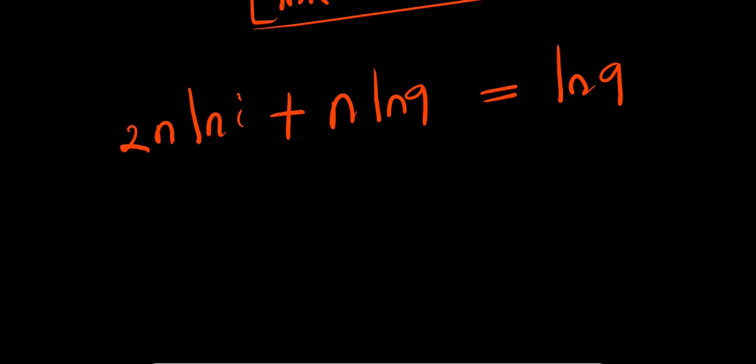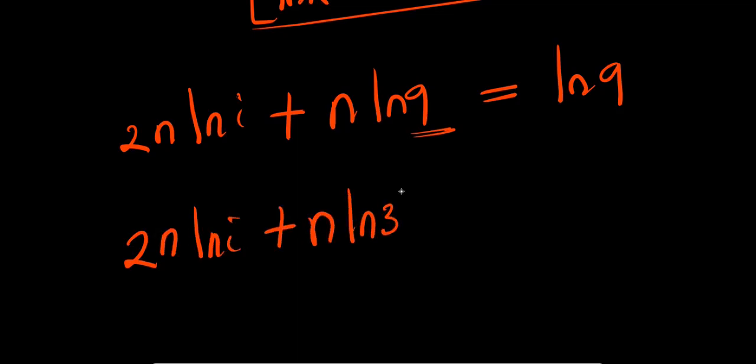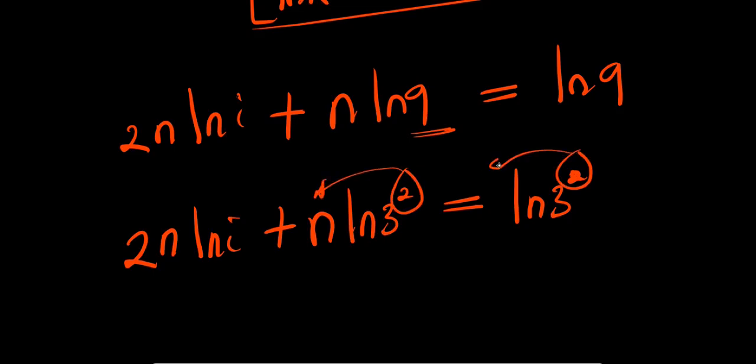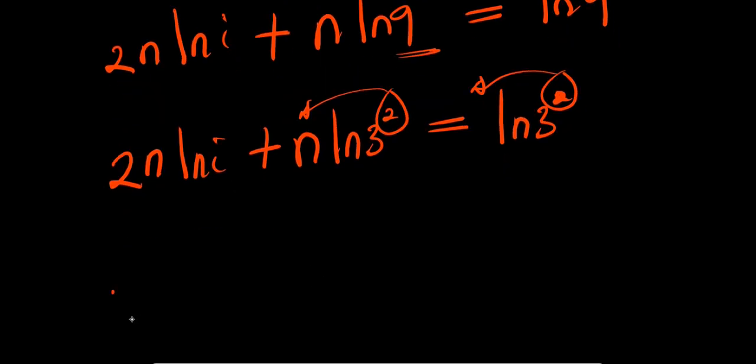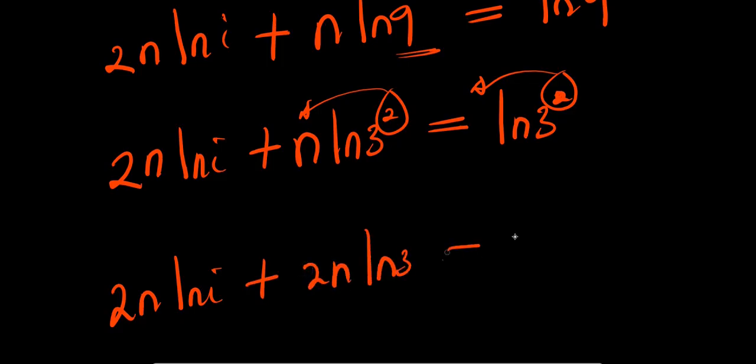So from here, remember, we can express 9 as 3 power 2: 2n times natural log i plus n times natural log 3 power 2 equals natural log 3 power 2. So the 2 here comes before this, the 2 here comes before this. 2n times natural log i plus 2n times natural log 3 equals 2 times natural log 3.